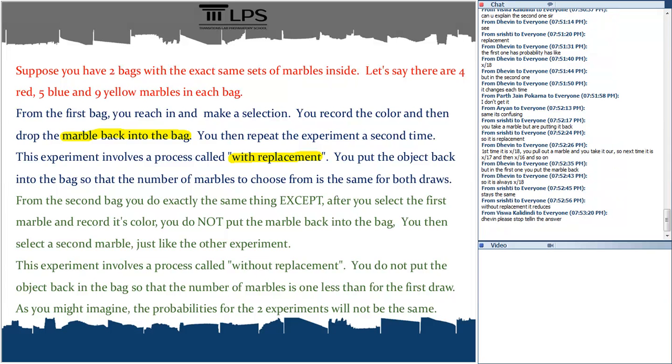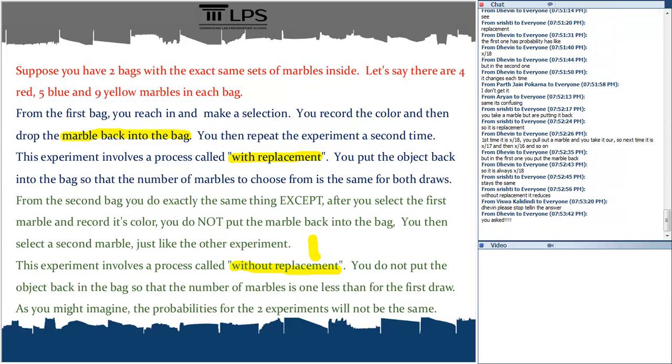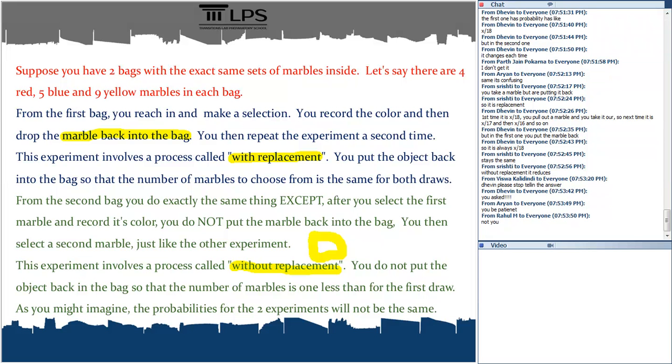You then select a second marble, just like the other experiment. This experiment involves a process called without replacement. Without replacement is a situation which involves dependent events. You do not put the object back in the bag, so the number of marbles is one less than the first draw. As you might imagine, the probabilities of the two experiments will not be the same.